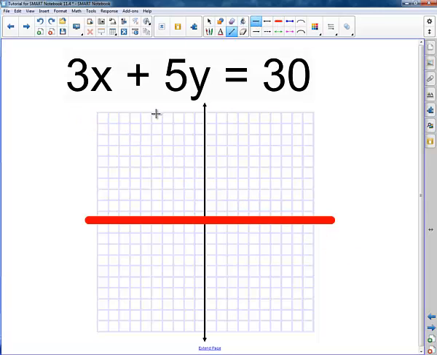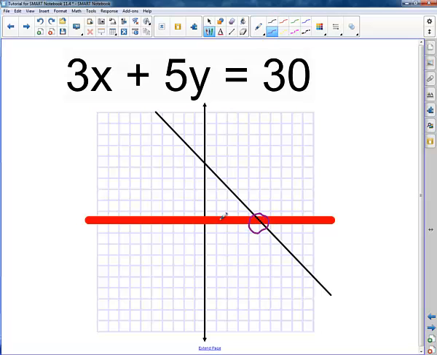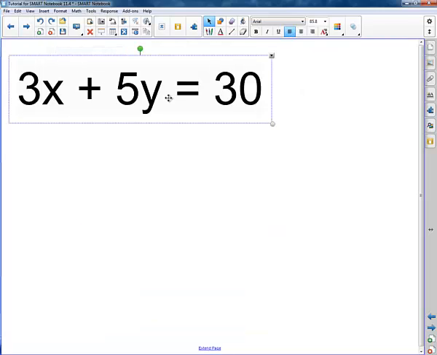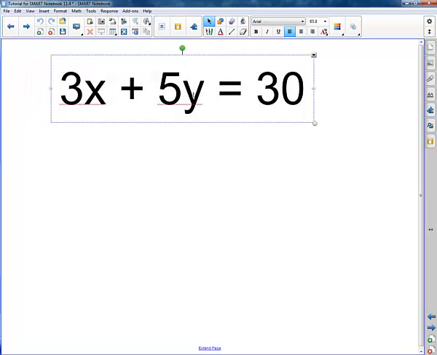Wherever this line crosses the x-axis, in this case it crosses here, that's my x-intercept. For that to occur, what's the value of y on this line? Your answer should have been the value of y is 0. So I'm going to copy and paste this and put a 0 in for y, because that's what it should be for it to be the x-intercept.